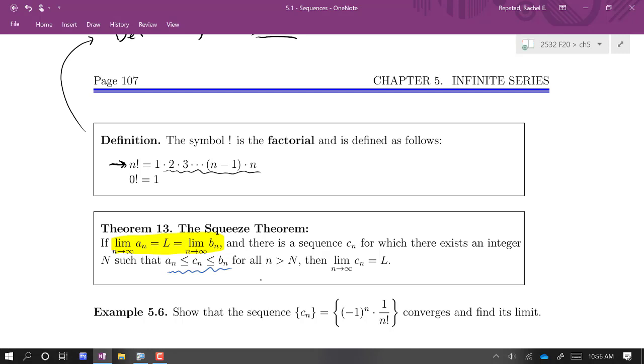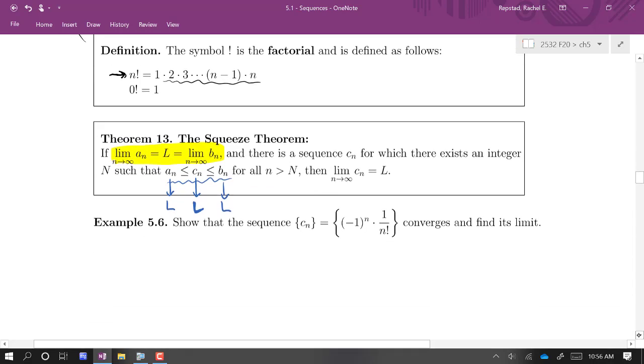Term for term, that's always true. If that's true, and both the An's and the Bn's approach L, then the only possibility for that Cn is to also approach L. We call it the Squeeze theorem for a reason. Like that sequence of Cn's is being squeezed to the same limit as the An's and Bn's.